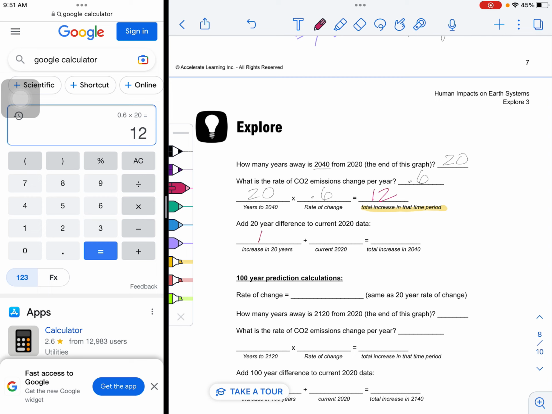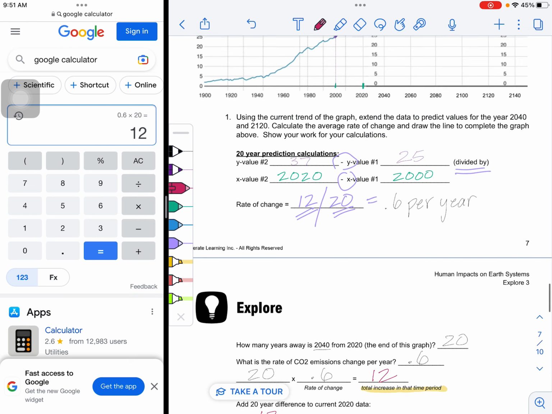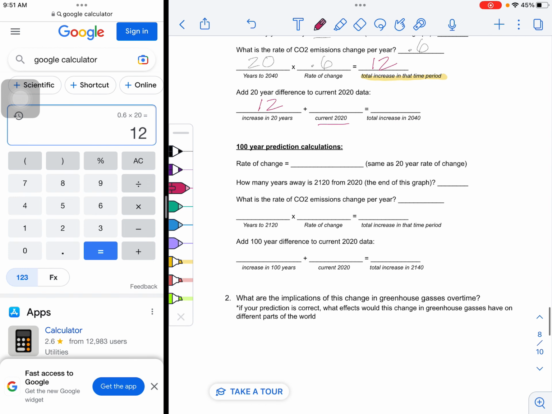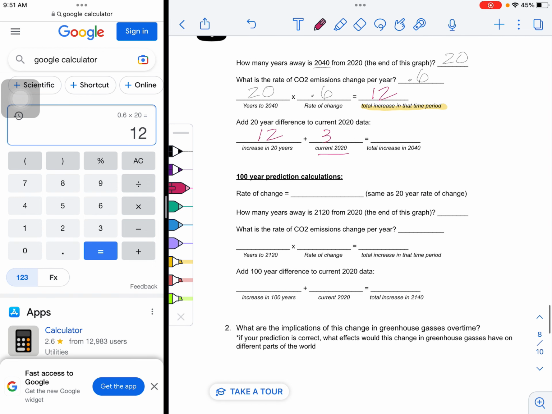I want to add that 12 billion tons to my current 2020 value. On the graph, we said 2020 was at 37 billion tons. So that means in 2040, my graph should read 12 plus 37, 49 billion tons.